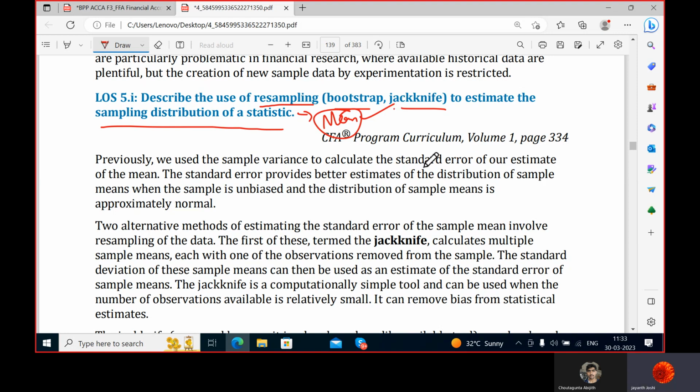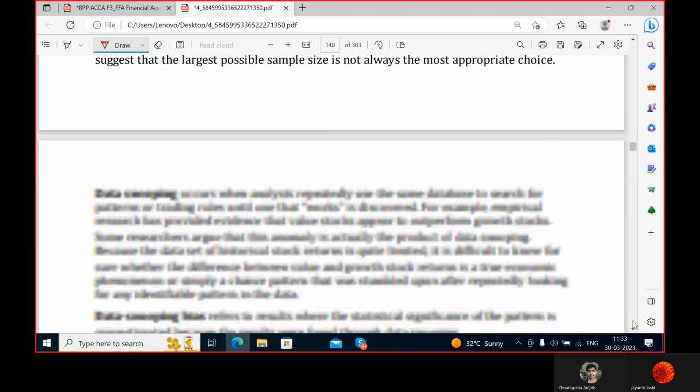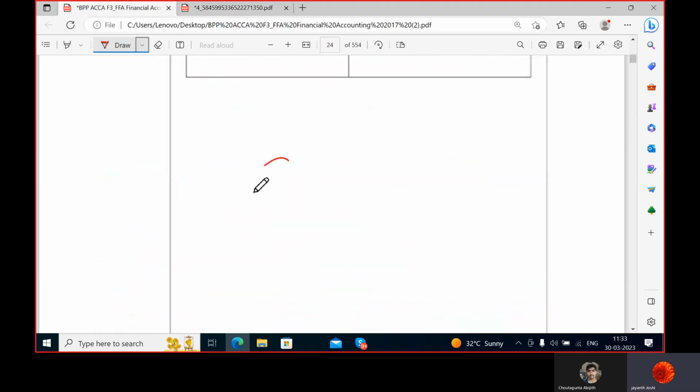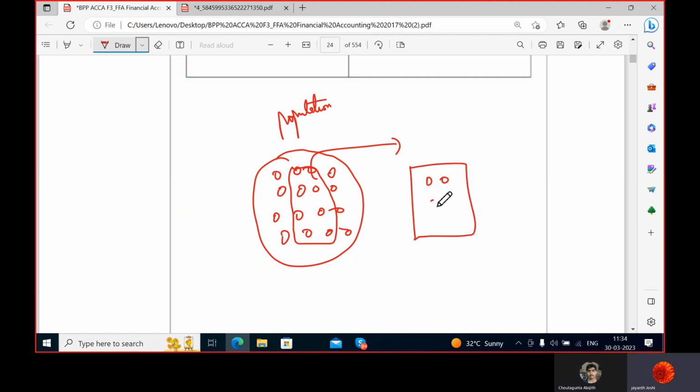So as we were discussing, we will take resampling here. What we'll do is we'll take a population. We select a sample out of this. Again, we are taking a sample out of this.